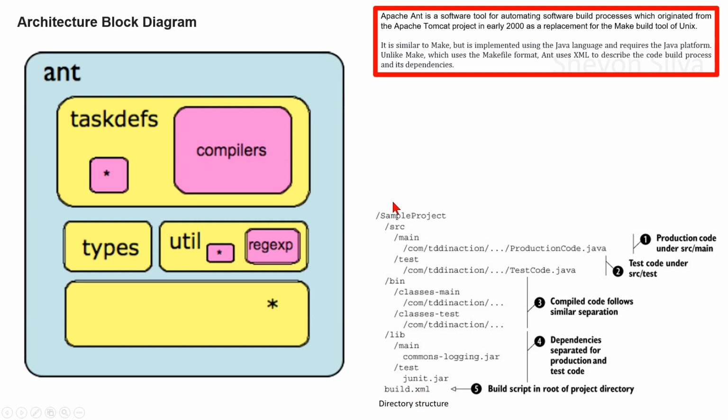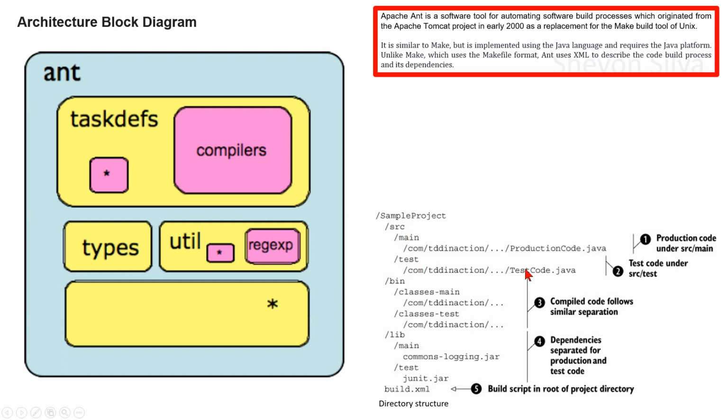Here you can see the project directory, and under that src. Under src, this is the production code under src/main. Under src, you can see the test code under src/test.